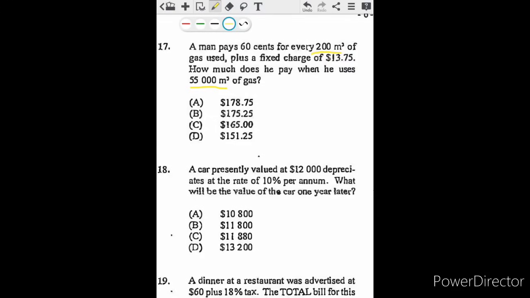So what we're going to do is divide the 55,000 by 200 to get that value. Then we multiply it by the 60 cents plus our fixed charge. That fixed charge you have to pay no matter what.